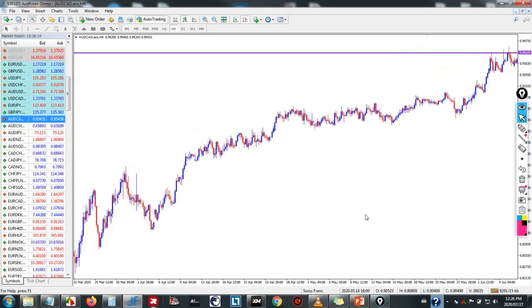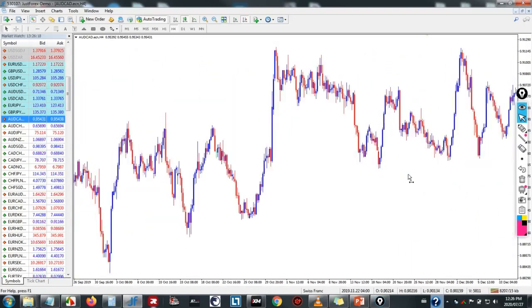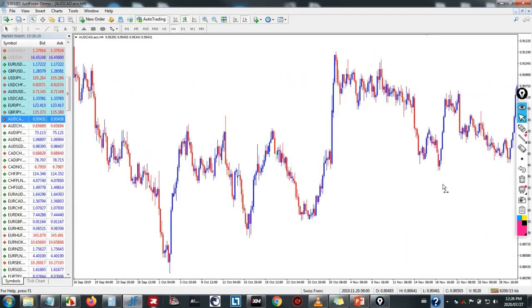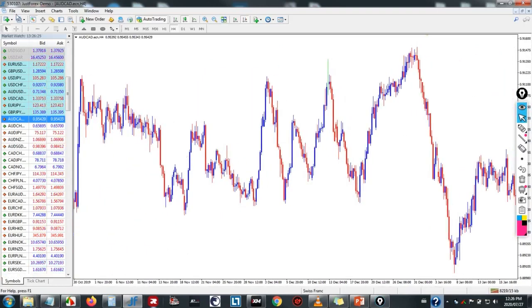So let's go backwards and see if we can find a support level on this chart. Here I can see a support level.